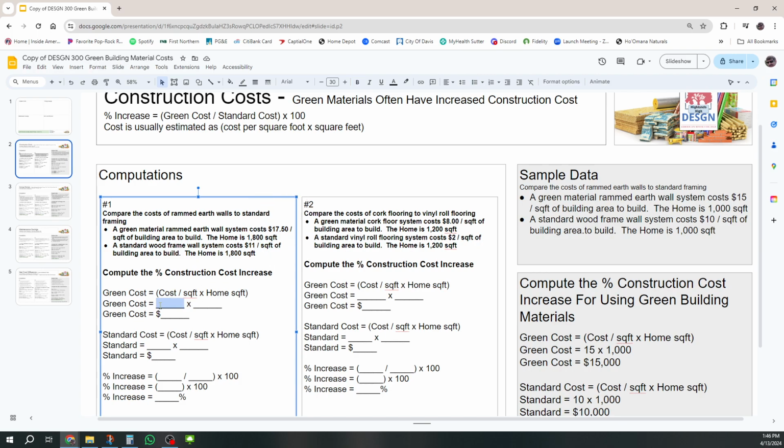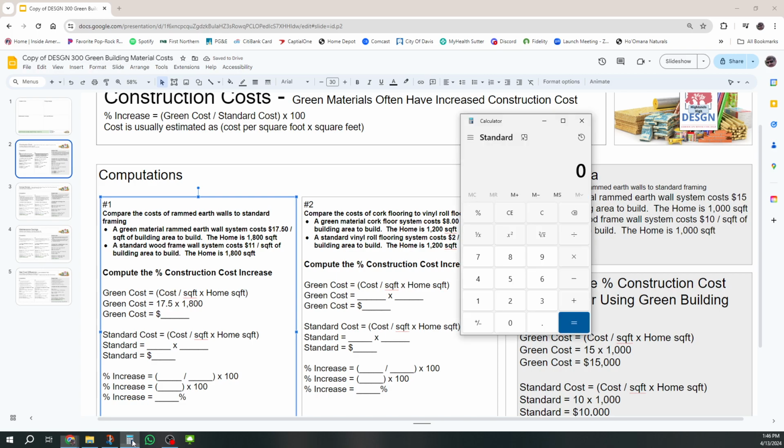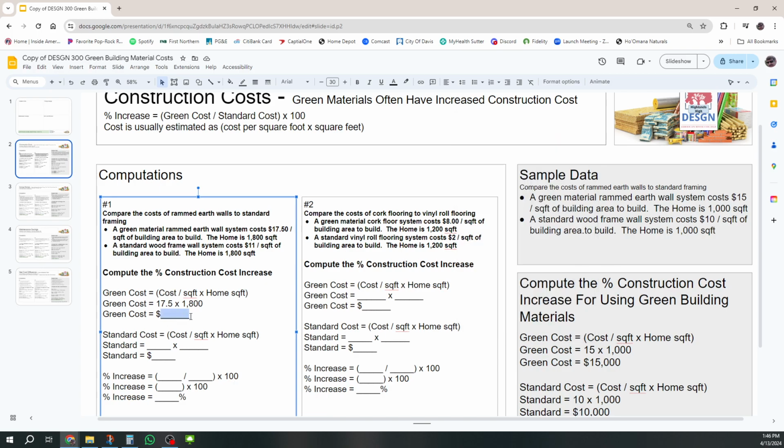That's 17.5 times 1,800. I can even copy and paste. 17.5, well, that didn't come out so good. And now I need to get my little calculator out. 17.5 times 1,800, $31,500.